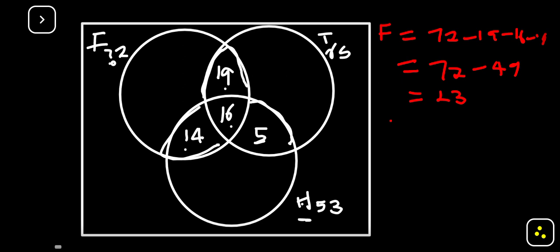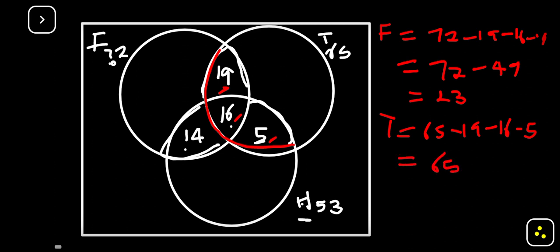For Trust Bank, I'm going to have 65 minus 19 minus 16 minus 5. This part, and this part, they're all associated with Trust Bank, as you see here. So 65 minus 40 will be 25.